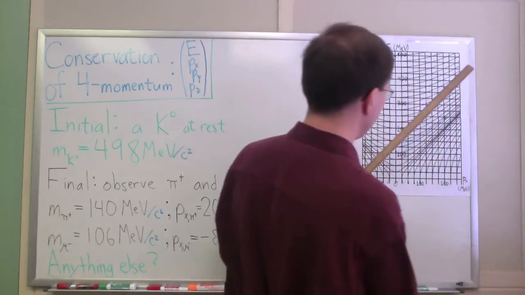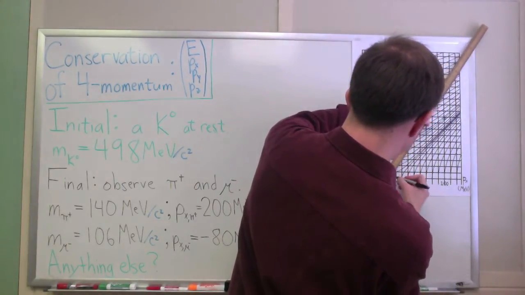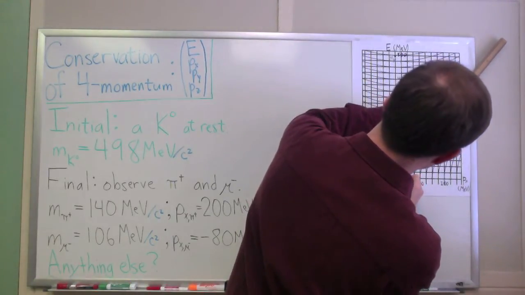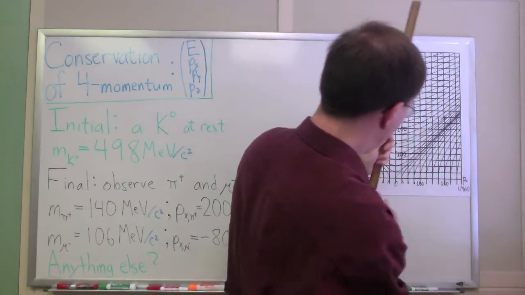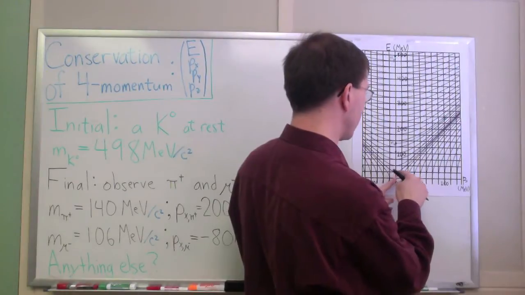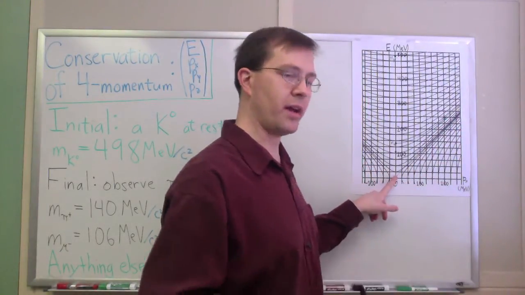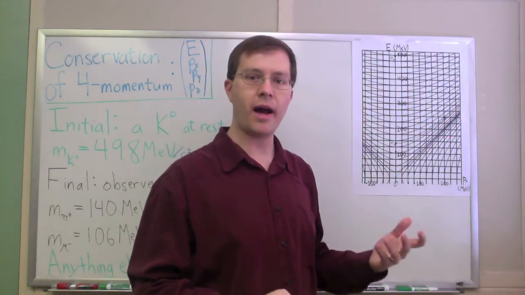Let me grab this ruler and do a quick little line from the origin over to there to help us see what I've done. It's going to be hard for you to see, but I've drawn a straight line from the origin up to that point, just to represent my four-momentum. Need a darker pen. I've drawn that. That is the four-momentum of my pion.